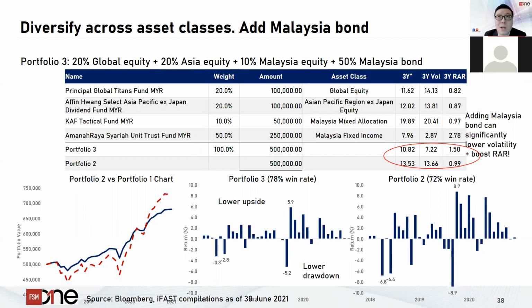But it depends on your target return also. If your target return is like 10%, then if your peers are producing RAR of 0.8, and you're producing 1, then yeah, it's already very good. So it's used to compare relatively to other funds in the same category.